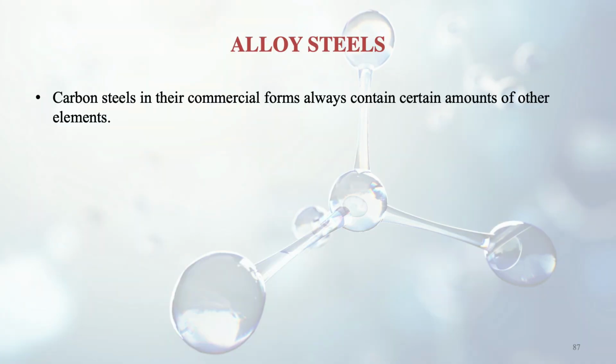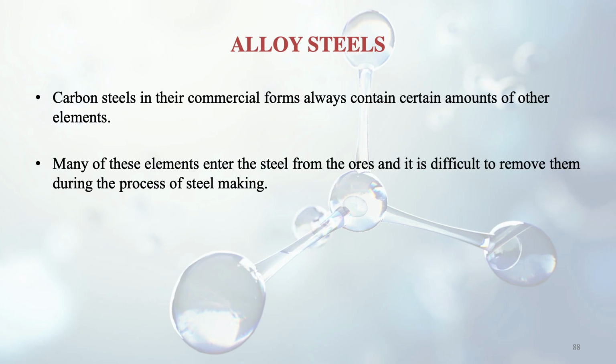So after discussing these things about surface hardening, we now move on to alloy steels. Alloys are very important, and alloy steels are also very important because they meet our various purposes in a very good manner. So what are these? We now discuss. So carbon steels in their commercial forms actually contain certain amounts of other elements.